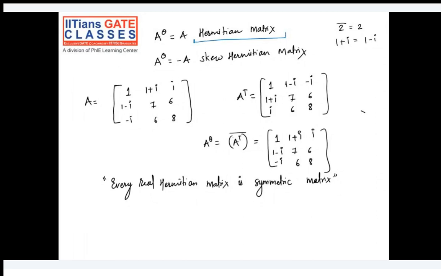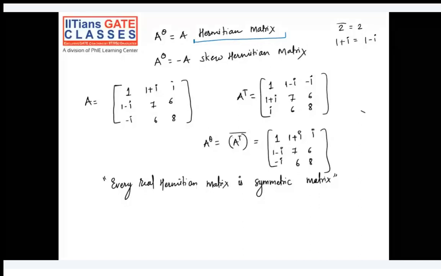A transpose equal to A. But here we are saying A raised to the power theta is equal to A. A to the power theta means the transpose of the conjugate of a matrix or the conjugate of the transpose of a matrix. So if A to the power theta is equal to A, then that type of matrix is called a Hermitian matrix. If A to the power theta is equal to minus A, you can call it a skew Hermitian matrix.